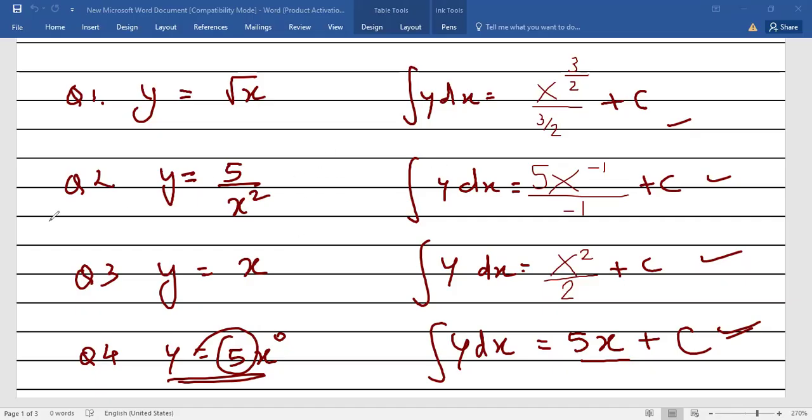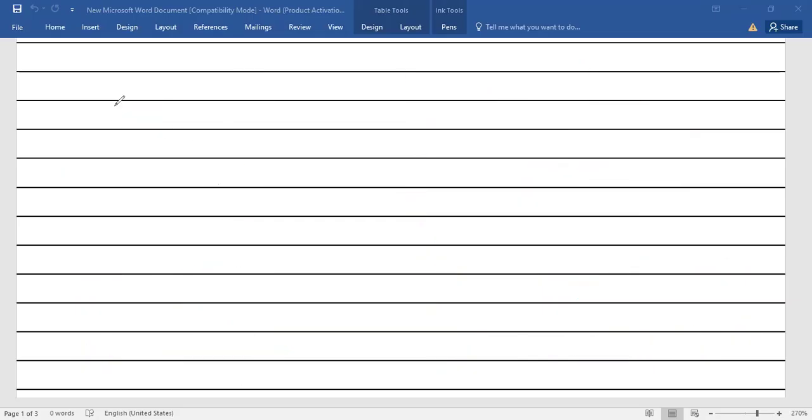Okay, good. Now let us look into the other standard formulas of integration. Second one is, what if y is equal to x to the power -1? Because for this we have seen that the power formula is not valid.